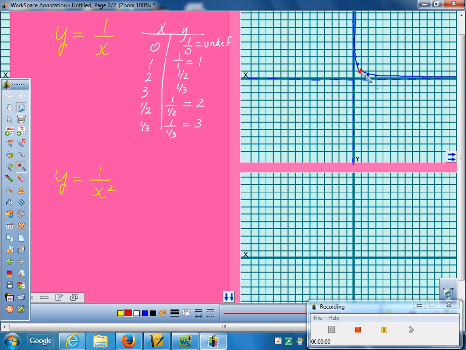Now, what have we not done yet? There's half of this graph missing. We haven't done the negatives. What happens on -1, -2, -3? If I was putting negative numbers in all of these, wouldn't all of these just be negative as well? So it's the exact same curve put where? On the other side.